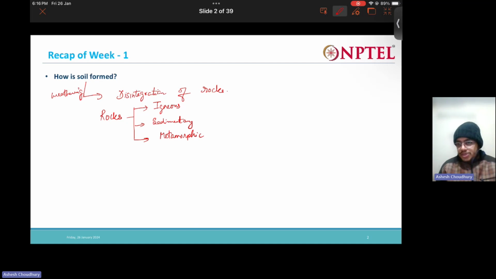Then we have a totally different type of rock, where the chemical composition is totally different from the parent rock. Those are called metamorphic rocks.